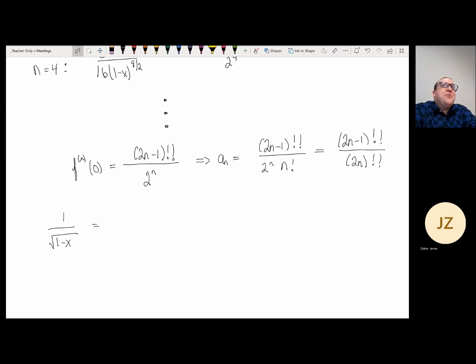What's negative 1 double factorial? It's undefined.